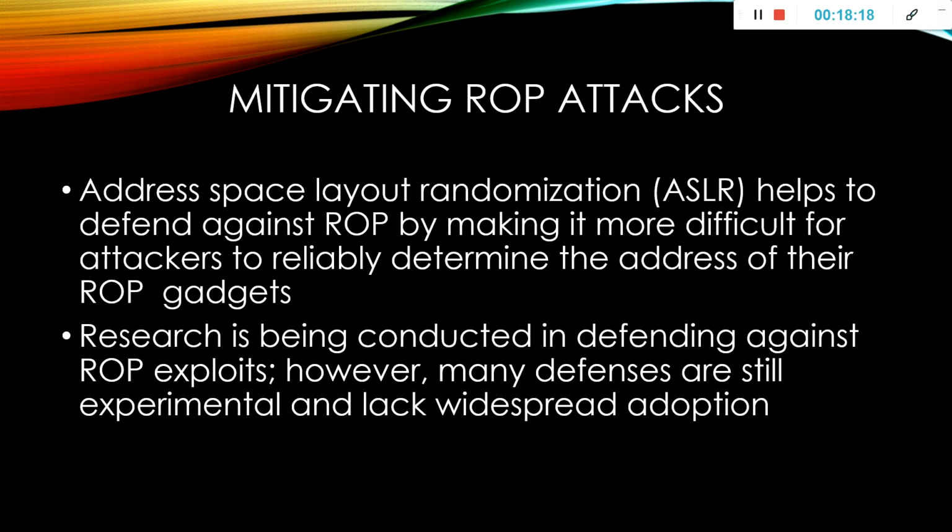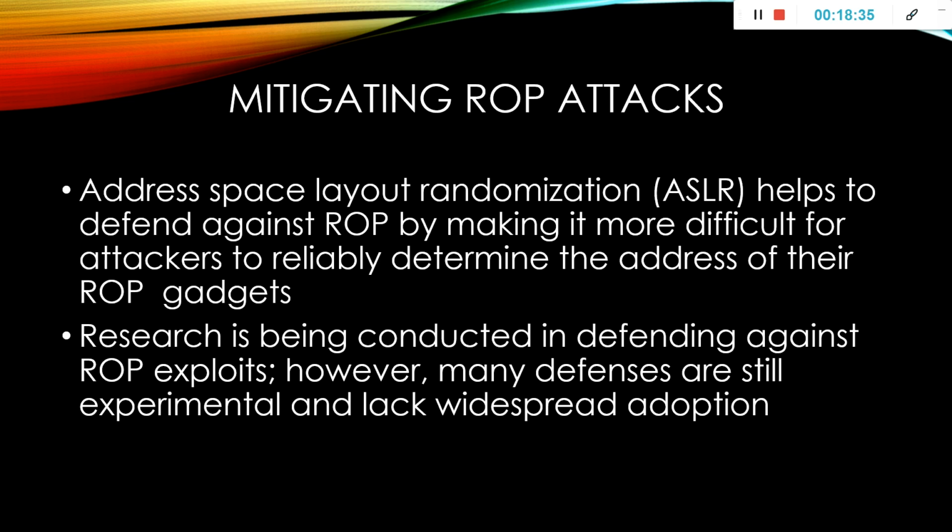All right, so wrapping up, we want to talk about how we can mitigate ROP attacks. One way we can do this is with address space layout randomization, or ASLR.